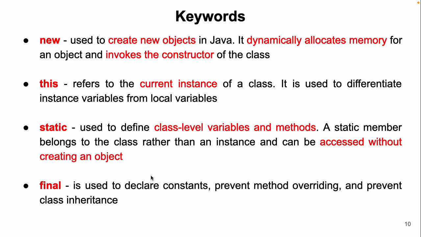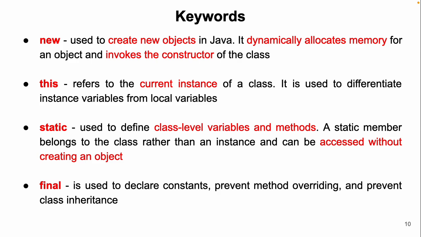Another keyword is final. It is used to declare a constant. Constant in the sense we can't change the value of that particular variable. Also it prevents method overriding and class inheritance. I will explain these concepts later, when we cover overriding and inheritance, and show how they work with the keyword final.